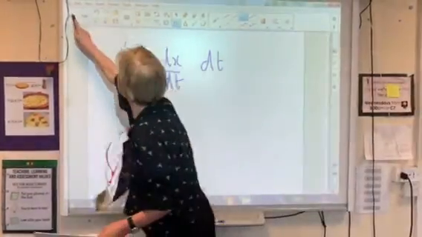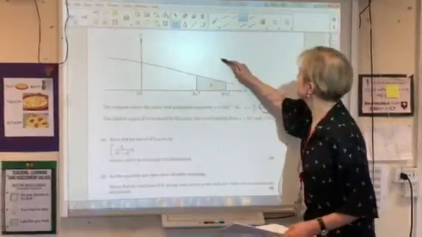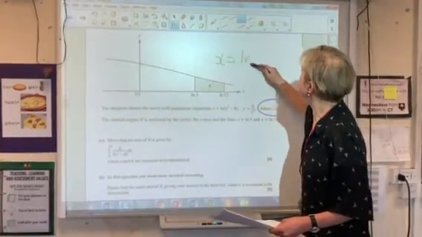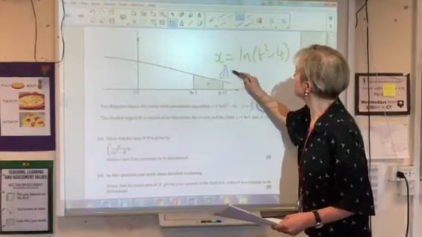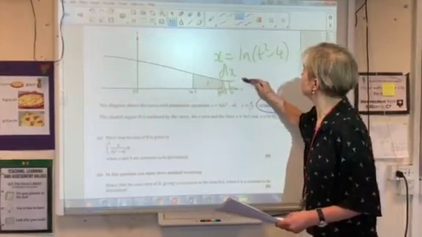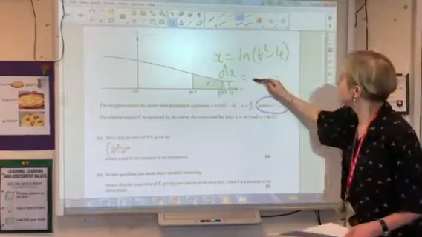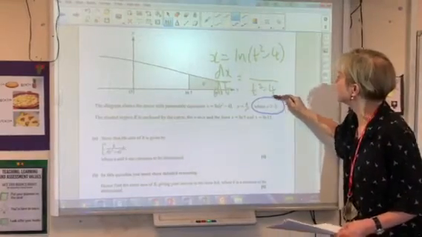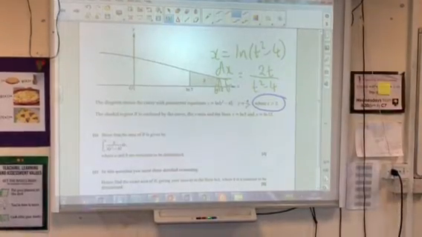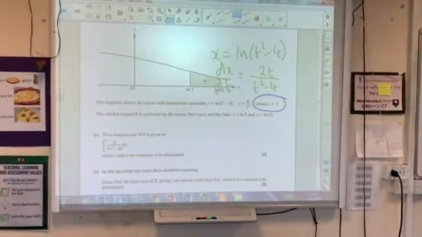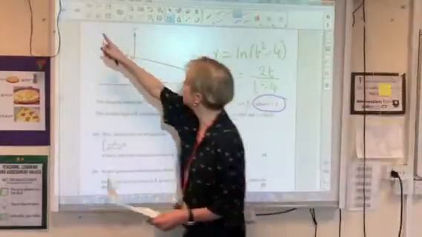If you go back, you can see that x is ln of t squared minus 4, and you're good at differentiating using ln. You take the reciprocal of what you're taking the log of, and you multiply by the derivative. So dx/dt is going to be 2t over t squared minus 4.